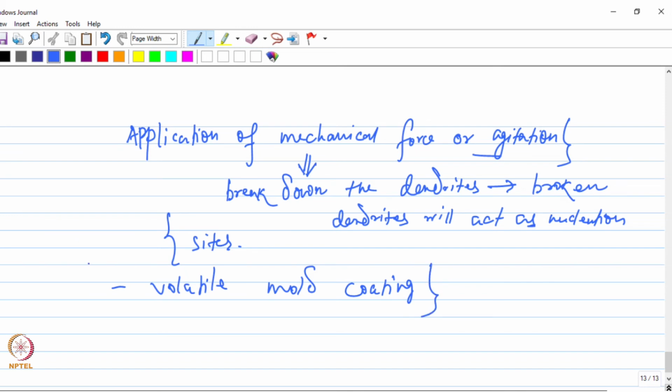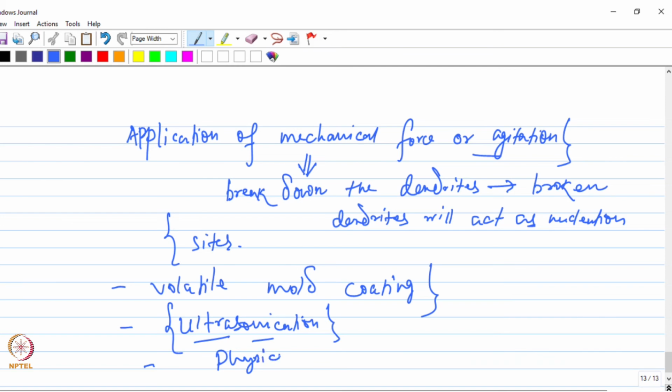Then you can also subject the liquid metal to ultrasonication. In fact, this has become one of the popular techniques for grain refinement using the melting casting route. And it can also be done through a physical or mechanical stirrer.